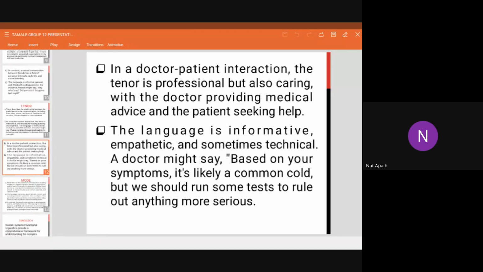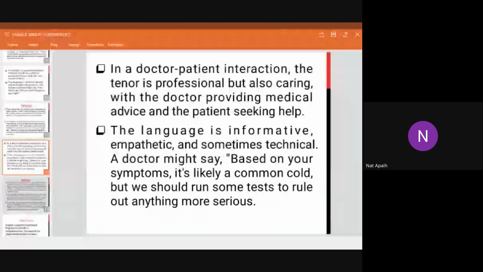For example, a doctor might say, "Based on your symptoms, it's likely a common cold, but we should run some tests to rule out anything more serious." You realize there is a bit of technicality and also a bit of care and empathetic language. So that is the doctor versus patient relationship.